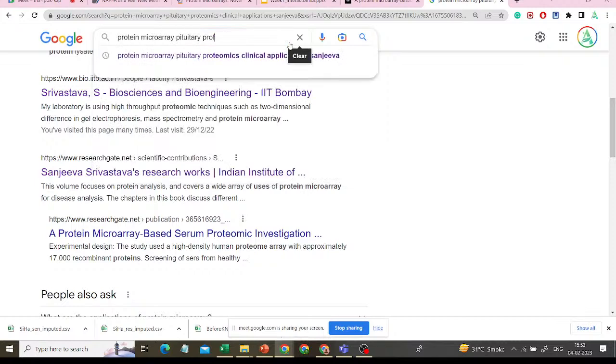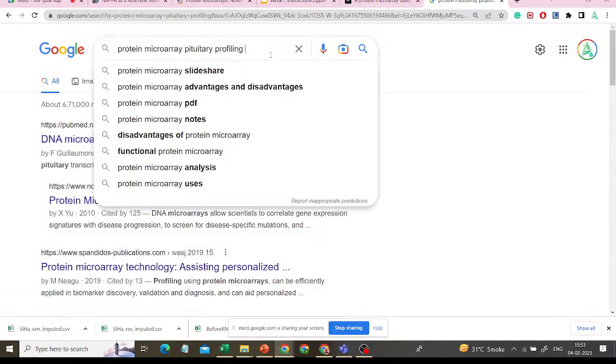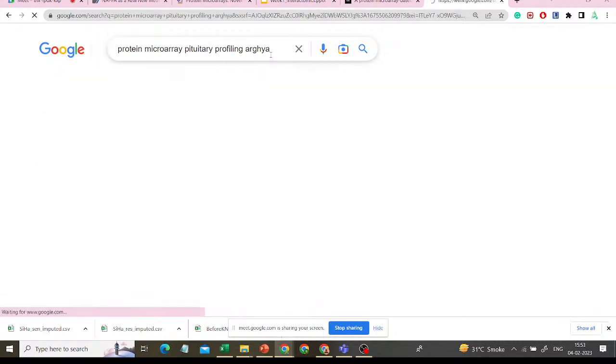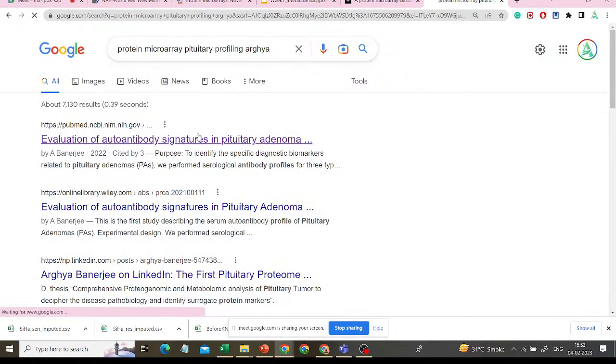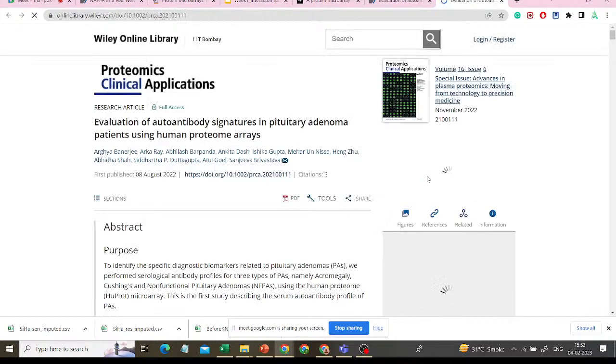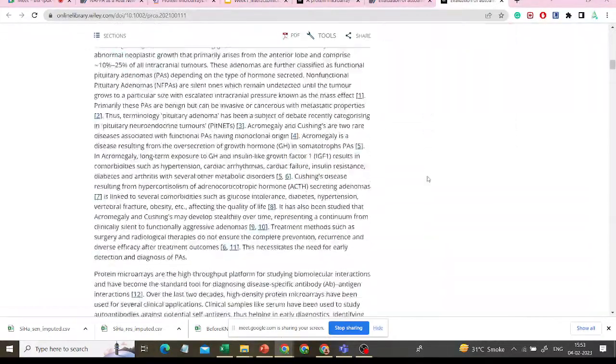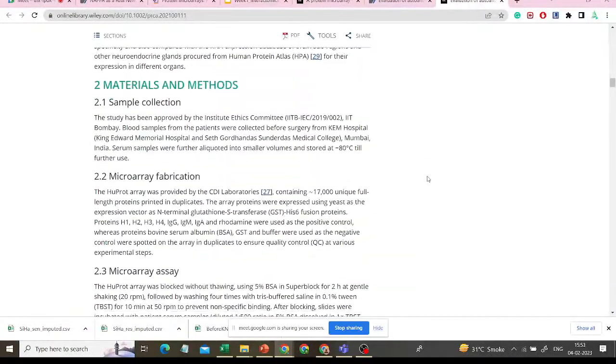Another use has also been reported. You can check that with different kinds of tumors there are different autoantibody signatures.